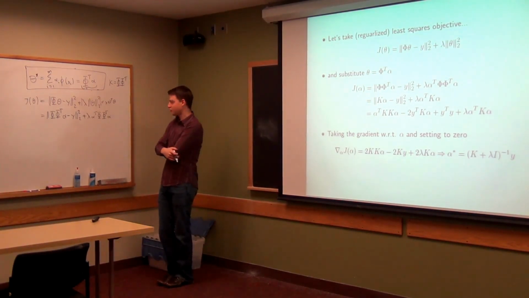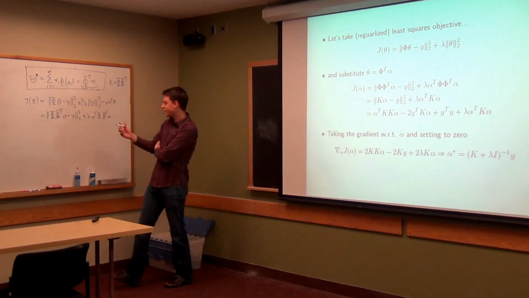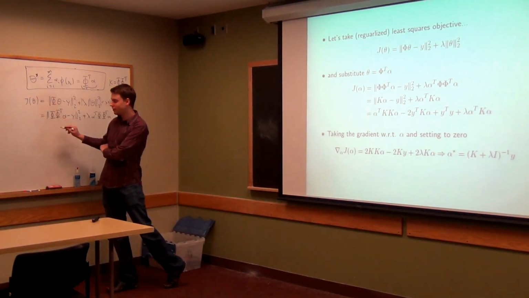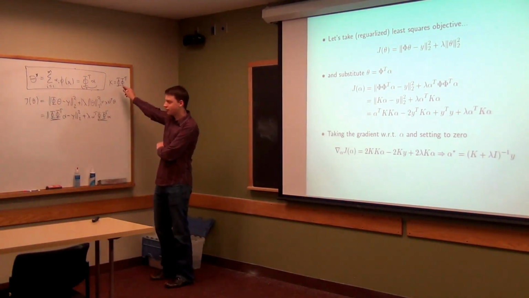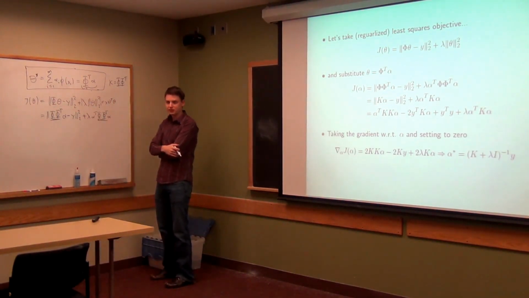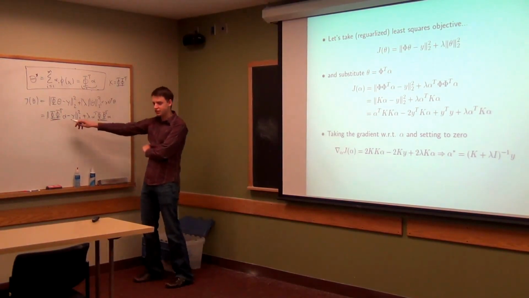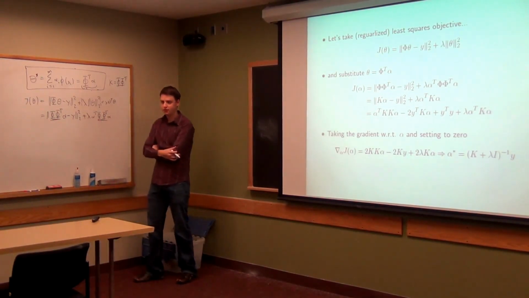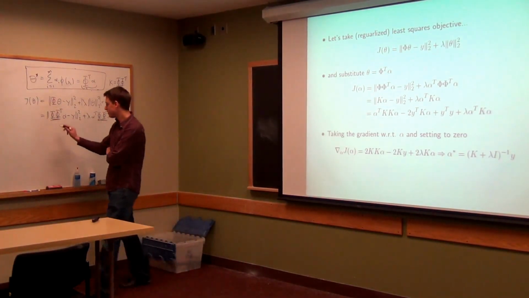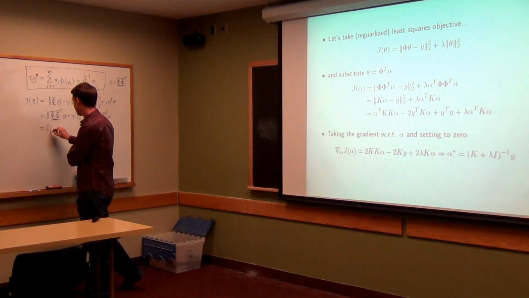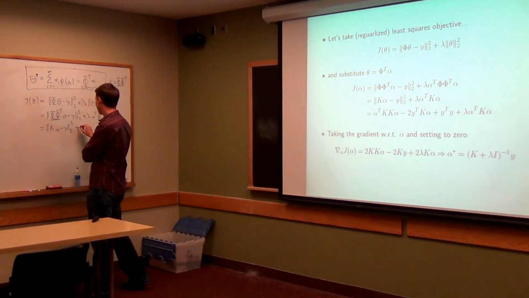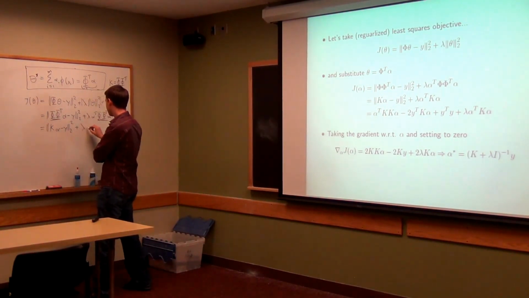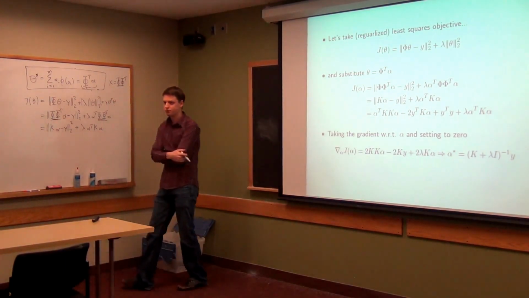The interesting thing here is that the only way phi appears is here and here. That's exactly the form we had for what K equals. So these things are just K. So this equals the norm of K alpha minus y, squared, plus lambda alpha transpose K alpha.